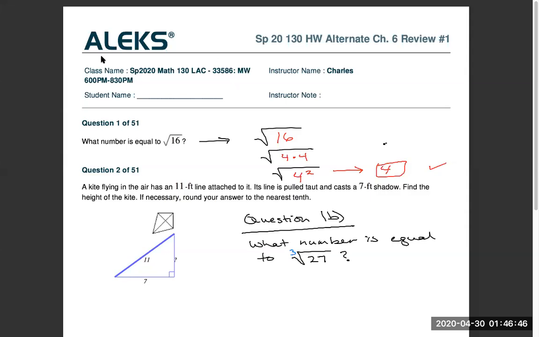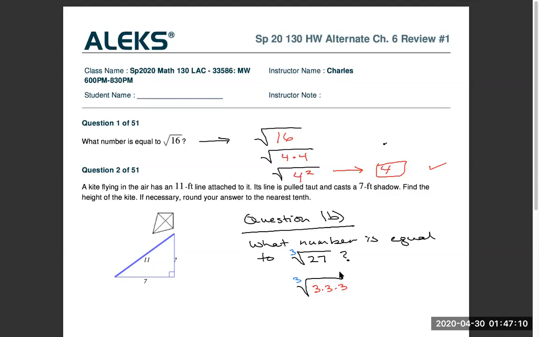All right, so basically following our rules here, we have the cube root of 27. 27 breaks into 3 times 3 times 3.